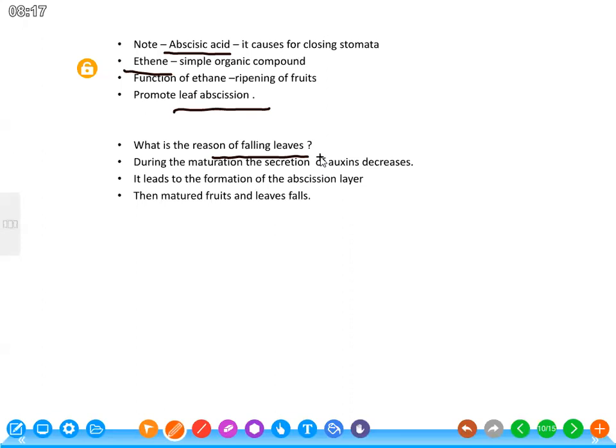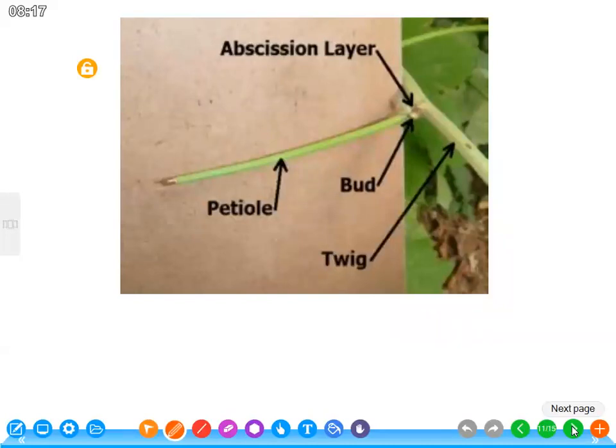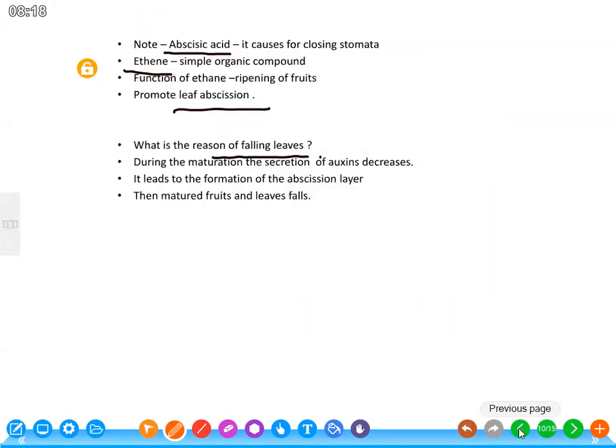Here you observe the abscission layer. So what is the reason for falling leaves?